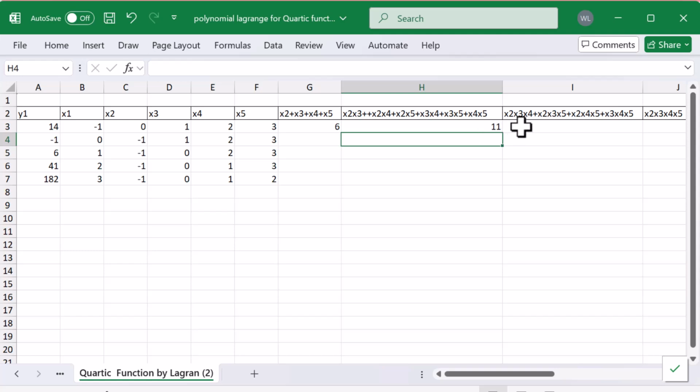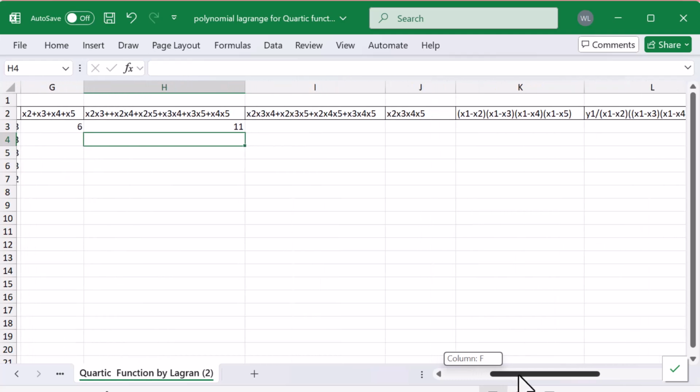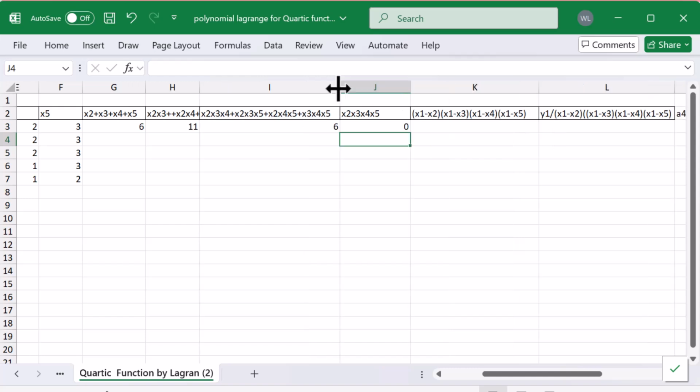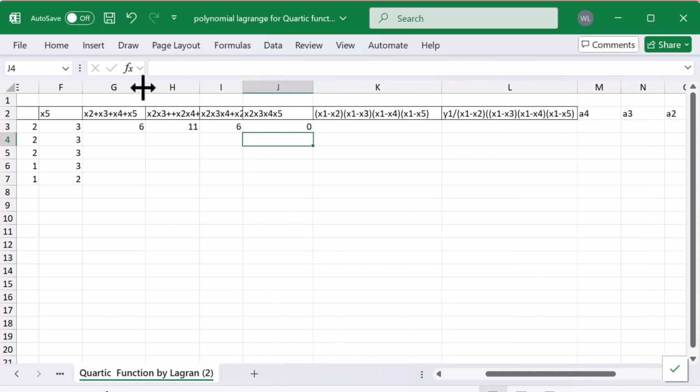We will use the same way to figure out column I to column J, column K. You can reduce the width of each column.